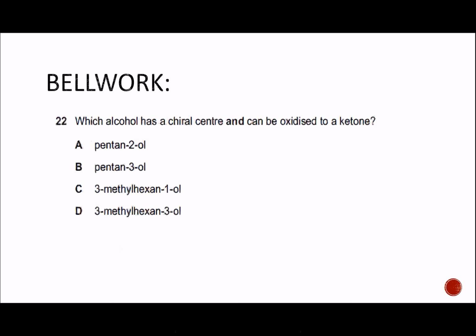The alcohol that has a chiral center and that can be oxidized to a ketone. Let's take a look at A first. Pentan-2-ol is CH3CHOHCH2CH2CH3. First of all, is there a chiral carbon here? The answer is yes, there is a chiral carbon.